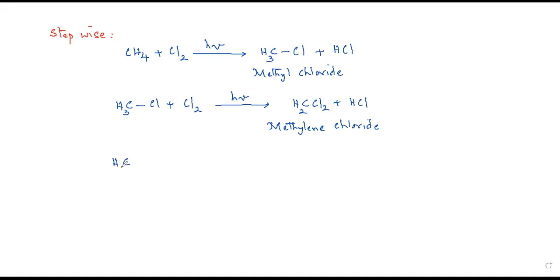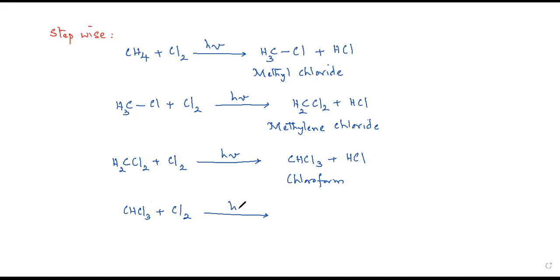Then this methylene chloride on further reaction with chlorine gives chloroform. And chloroform further reacts to form carbon tetrachloride. Right. Yes. So this is when you have chlorine in excess.